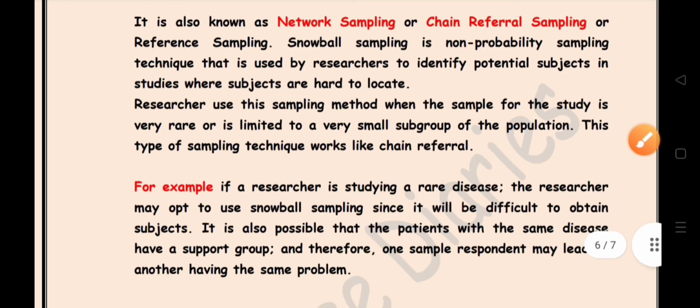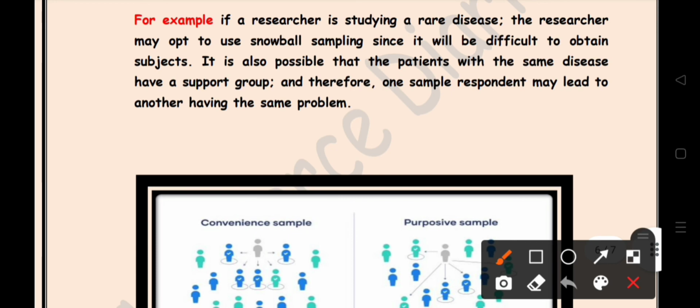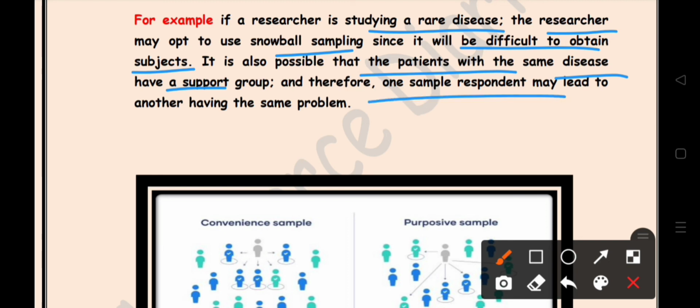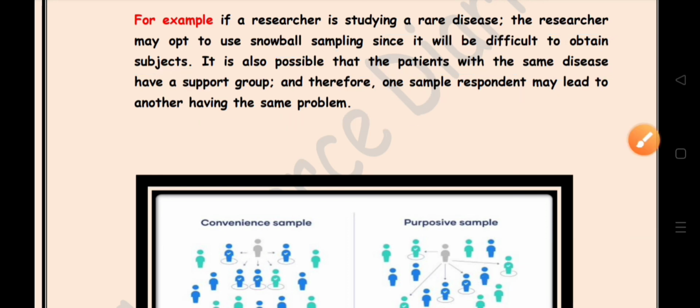Now let us see the example. If a researcher is studying a rare disease, the researcher may opt to use snowball sampling since it will be difficult to obtain the subjects. It is also possible that patients with the same disease have support groups, and one sample respondent will lead to another with the same problem.